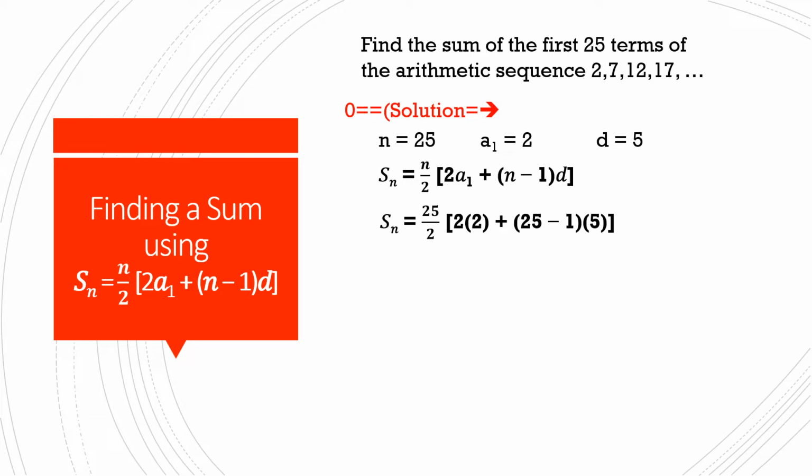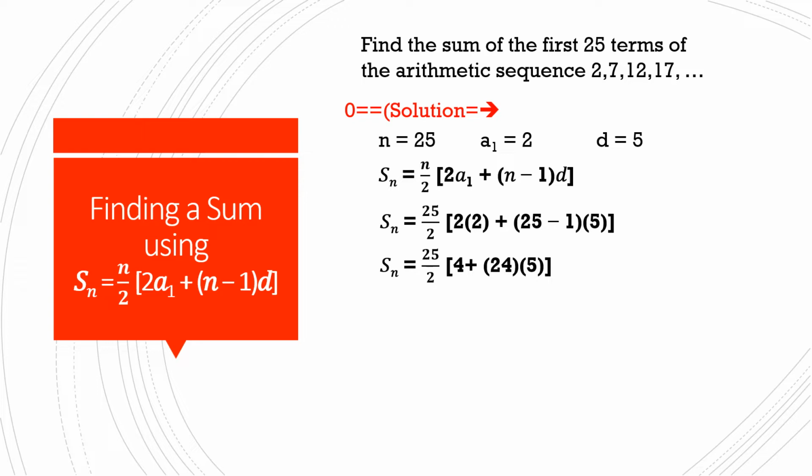What is 2 times 2? This is actually equal to 4. And 25 minus 1 is equal to 24. So now, the equation becomes this one. We have 4, and 25 minus 1 is equal to 24.